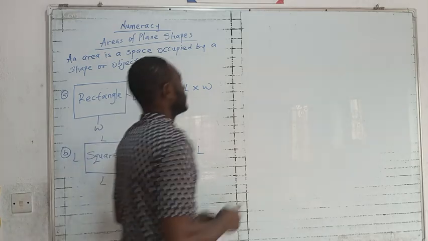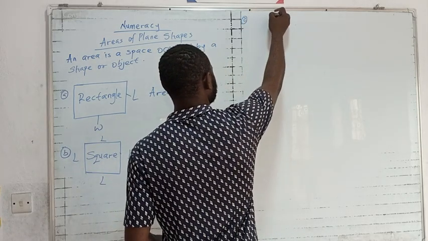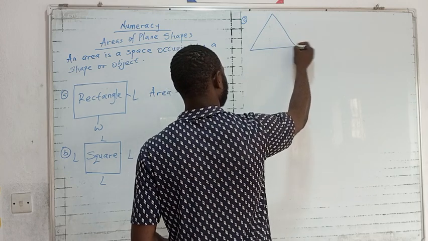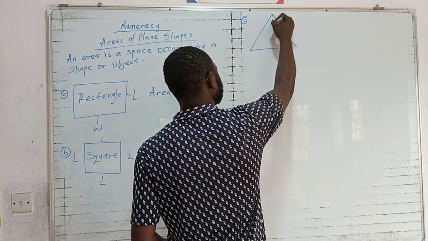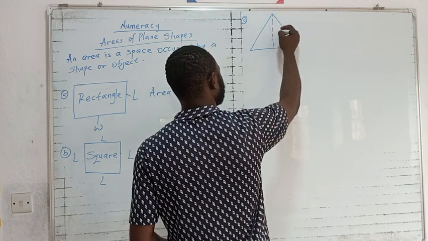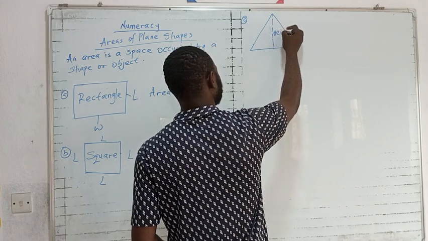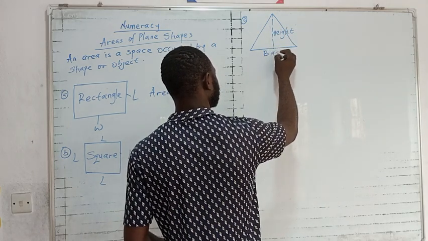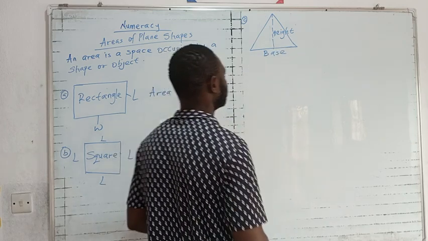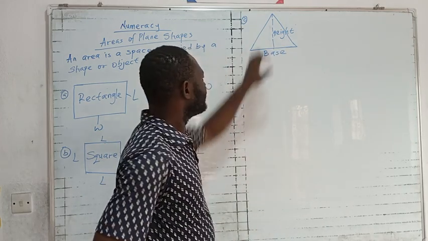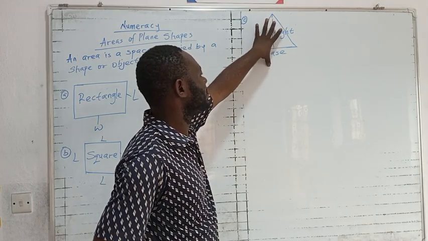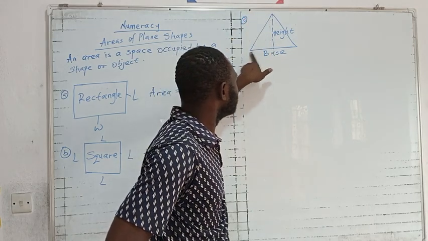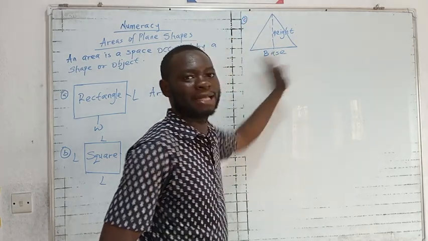Now, let's say this is a triangle. We know that this place is the height of this triangle, where this place is the base of the triangle. To find the area of this triangle, what we simply do is, if you watch, this side looks as if it's dividing the base into two equal parts, right?